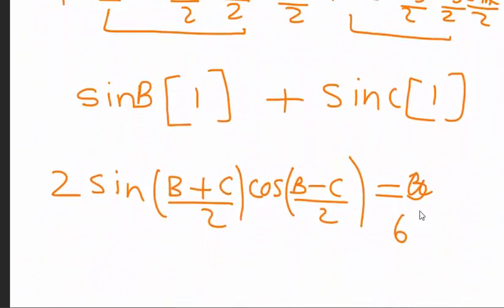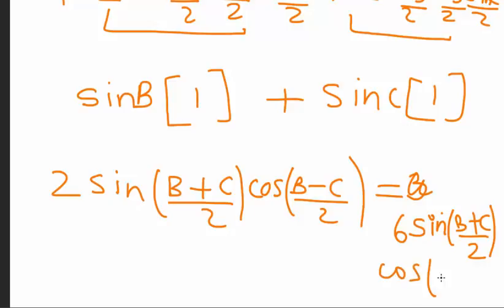So 6 times 2 sine of b plus c by 2 cosine of b plus c by 2. Let's see if anything is cancelling. Yeah, sine of b plus c by 2 is present on both sides and cancels.